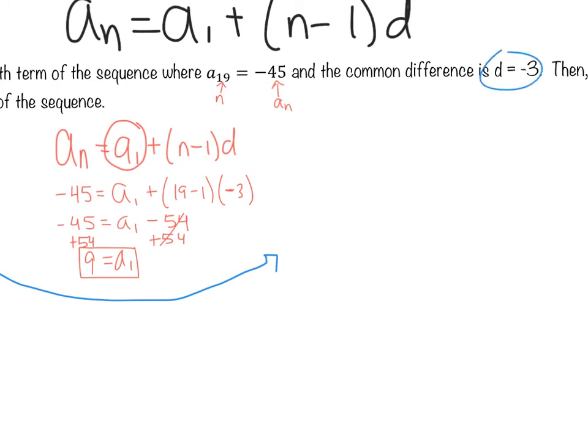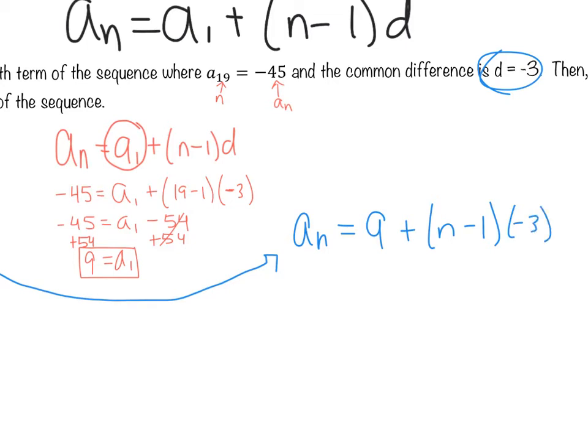So here's d up here, and I have a sub 1, so now I'm going to write the formula. So the formula is a sub n equals a sub 1, which I now know is 9, plus n minus 1 times d, which we established is negative 3.